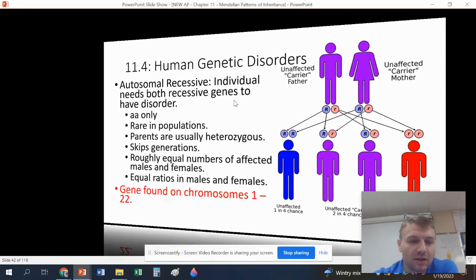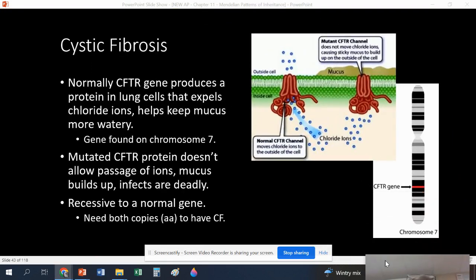Let's take a look at an example, CFTR. This is the gene that causes cystic fibrosis. It's found on chromosome 7, but basically the gene doesn't produce a fully functioning protein. Something goes wrong. I'm not going to go too much in depth here, but the quote unquote normal gene is the dominant.